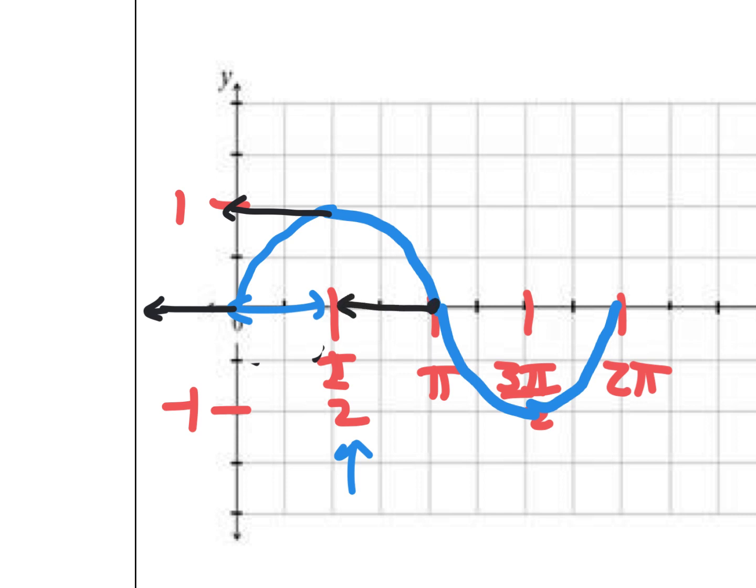I'm going to move them over 2 spots. And this bottom spot, the place where it reached the very lowest it was, that goes over 2 spots. And then your answer, I like to put a dot for each of these new spots. There, there, there, there, and there. And then I just have to connect the dots.